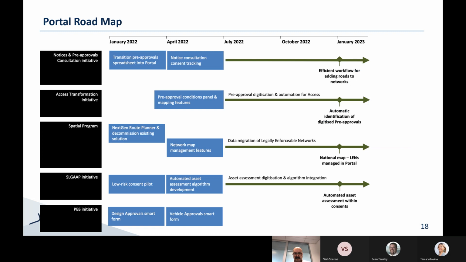Finally, it's been several months now since we've had a webinar and gone through what the portal roadmap is looking like. What we've been focusing on is a number of different initiatives that really get to the heart of some of the problems we've had with routing in particular. So our spatial program has really been focused on what we're calling the next generation route planner.